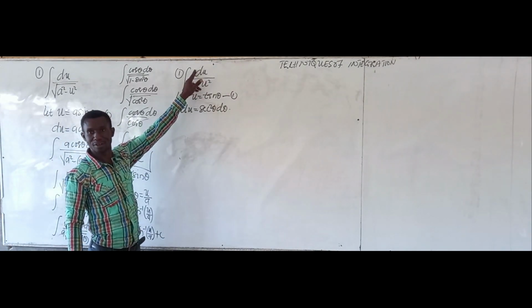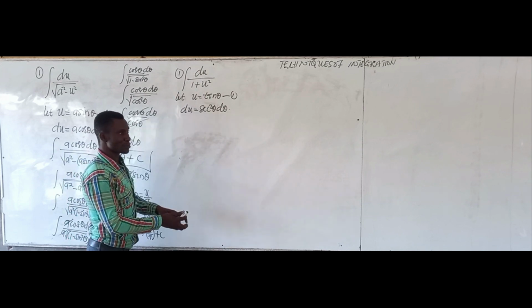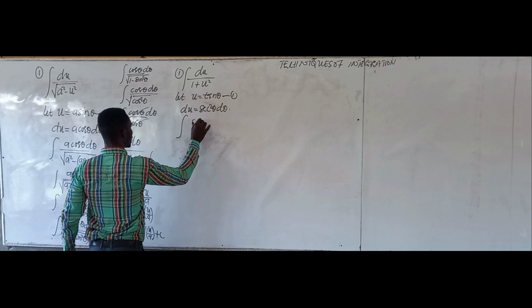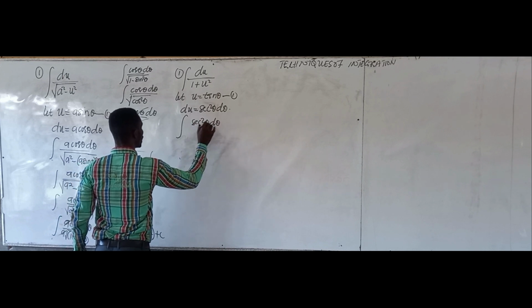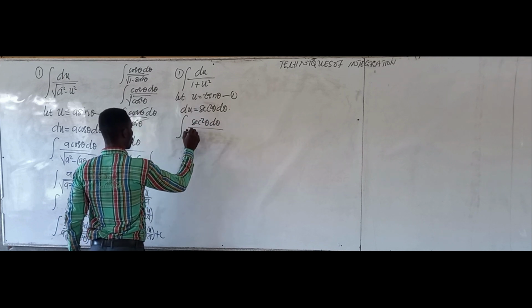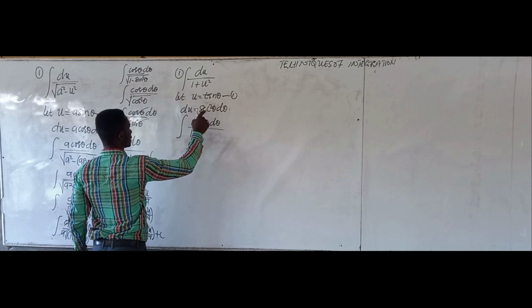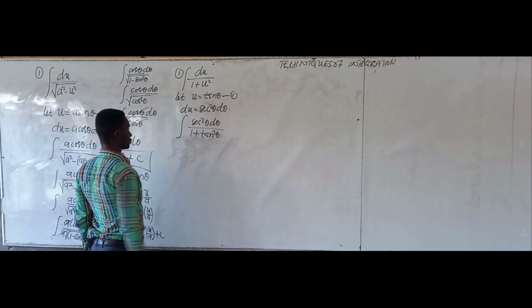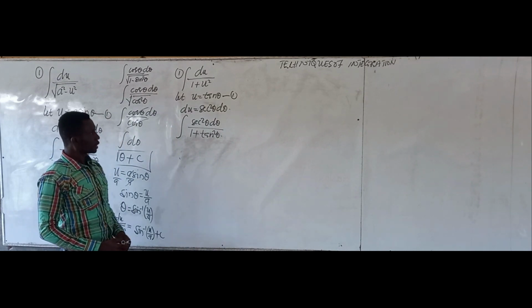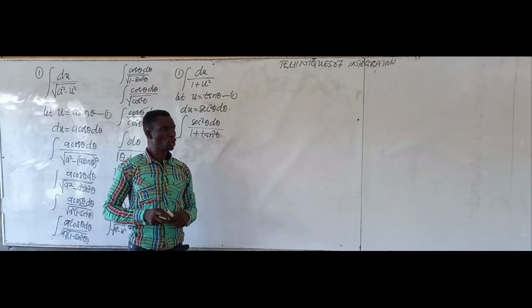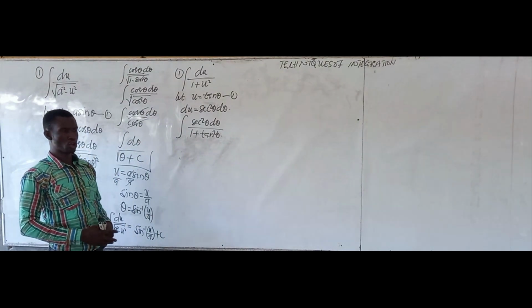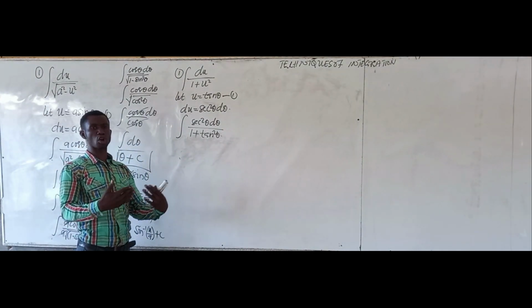So the du is at the top here. Very simple. So here will be integral sec square theta d theta, all over 1 plus tan square theta. Now, that is what I'm saying, that to do integration by substitution, you should always arm yourself with trigonometric ratios.